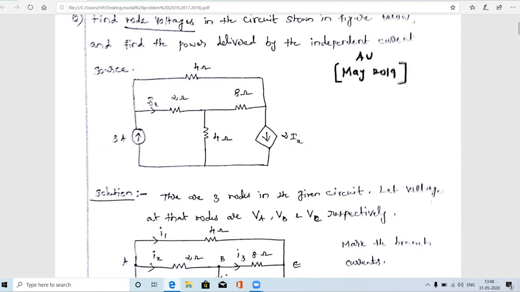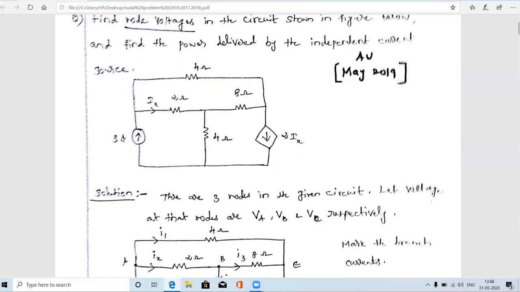So this current source value depends upon the current flowing through this 2 ohm resistor. That's why this current source is called a dependent current source, and this is an independent current source.